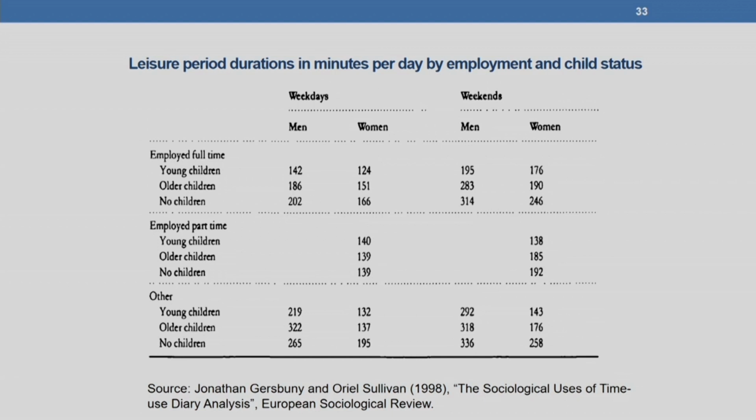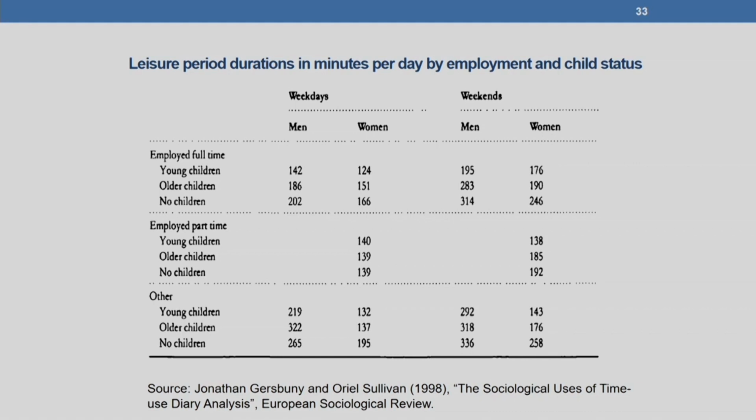This is a paper on the sociological uses of time use diary analysis taken from the European Sociological Review journal. This tabulation tells us leisure period durations in minutes per day by employment and child status: the leisure periods during weekdays and weekends in terms of minutes, in the case of men and women employed full time, for young children, older children and no children.